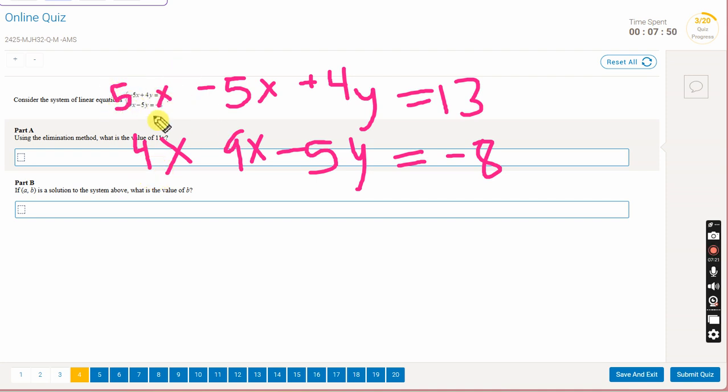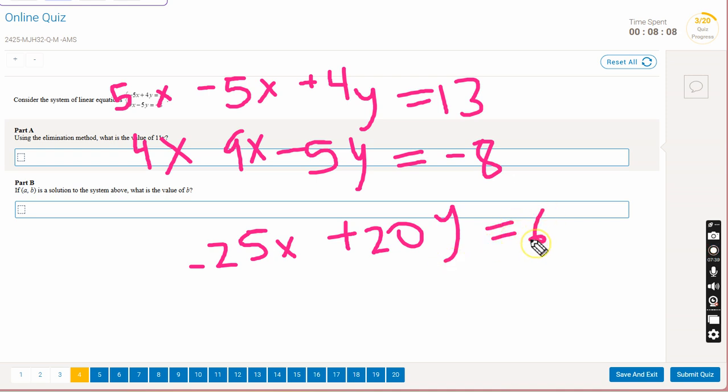Again, notice the signs as well. When you notice the signs, you'll know exactly what you are supposed to multiply by, a negative or a positive number. So here we're multiplying by positives both because the signs are opposite. So minus 25x plus 20y. What is 5 times 13? 65.